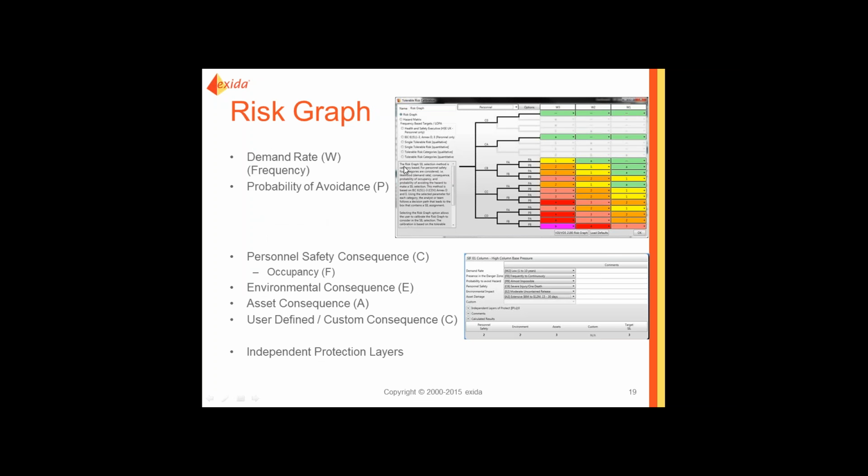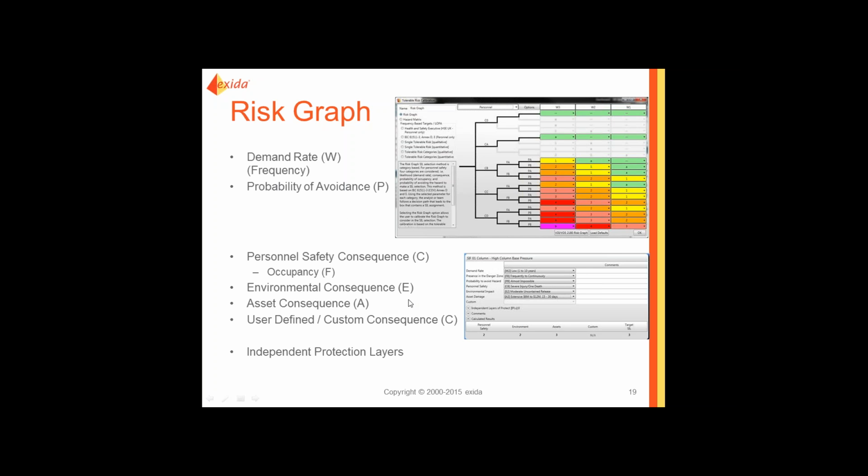So the risk graph, and here's an example from exSILentia. This is how it looks in exSILentia. The demand rate is shown as W, and the probability of avoidance is shown as P. Same, personnel safety occupancy: safety consequence is C, occupancy is F. So here's our consequence, here's our demand or likelihood, and here is the ability to avoid or not, and of course the occupancy.